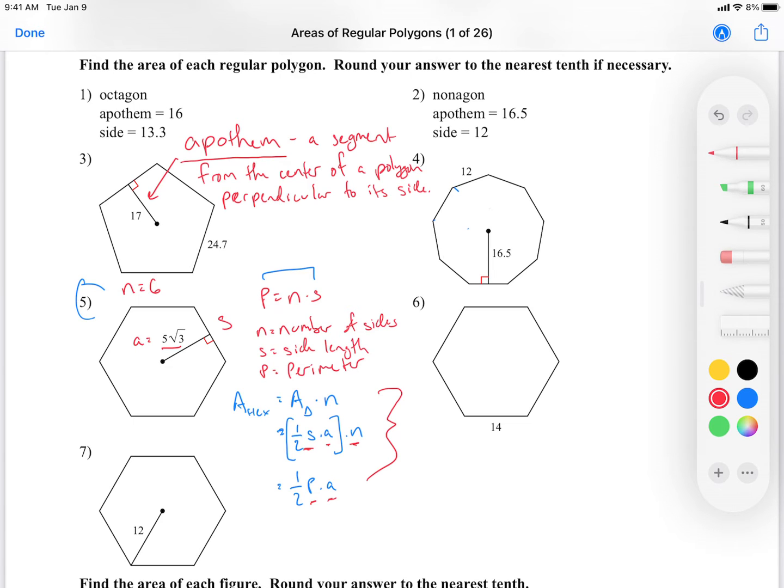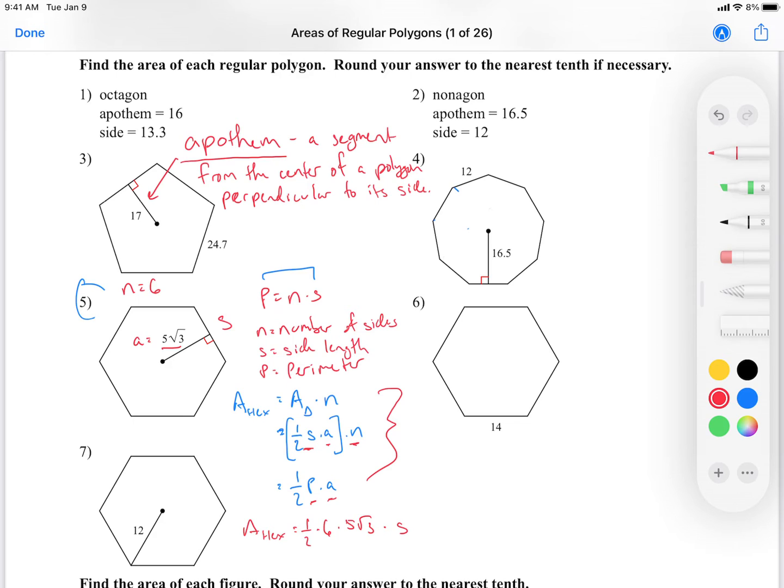So for the area of the hex, I know that this is going to be 1/2 times the number of sides, which is 6, times my apothem, which is 5 rad 3, times the length of one side. Now this is where the hard part comes in.